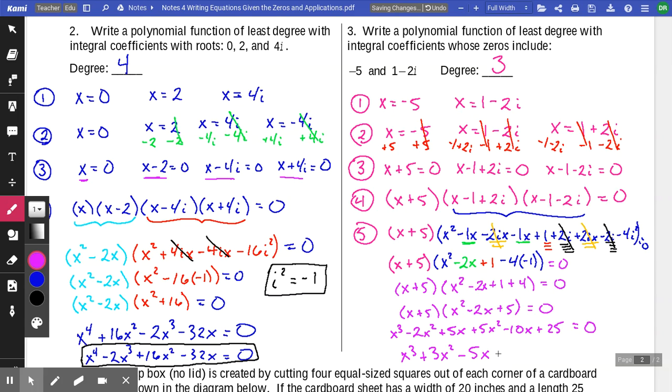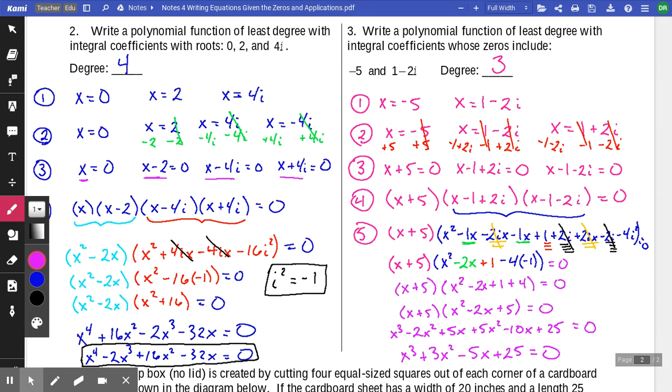And then we have a plus 25 at the end. And all of that's equal to 0. And now we have our polynomial equation. So x to the third plus 3x squared minus 5x plus 25 is a polynomial function that has negative 5 as a solution, as well as 1 minus 2i and 1 plus 2i.